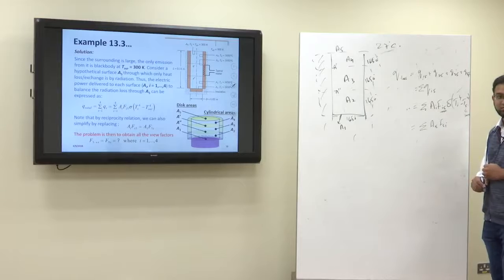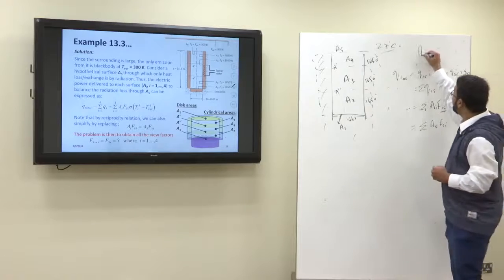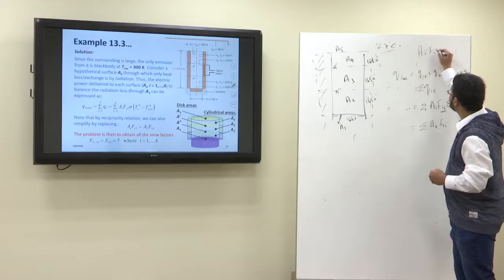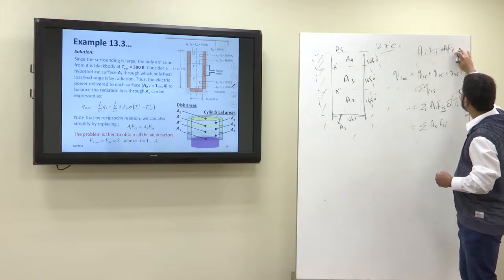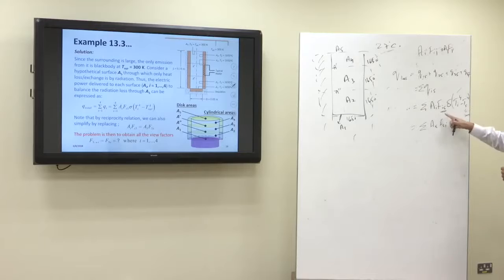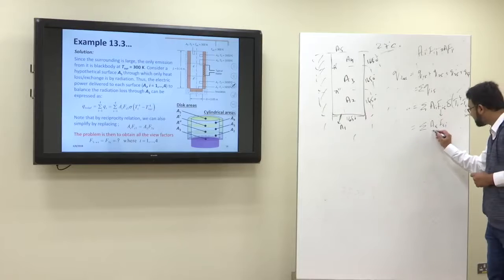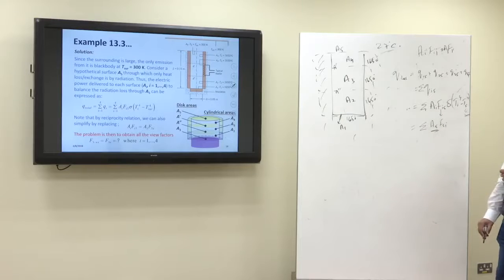What is the reciprocity rule? A_i F_ij is equal to A_j F_ji. So I can use the reciprocity rule to convert this into this. The advantage is that now it's just one area that I will be using.